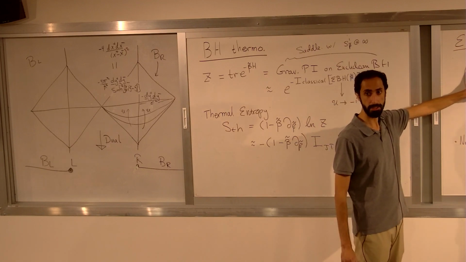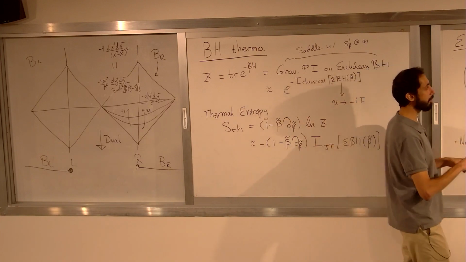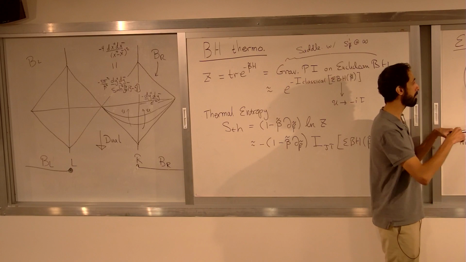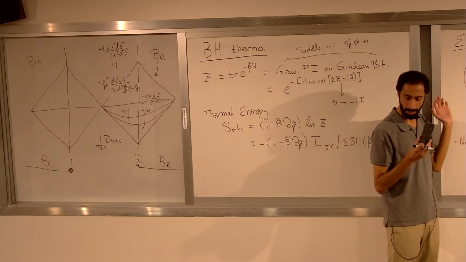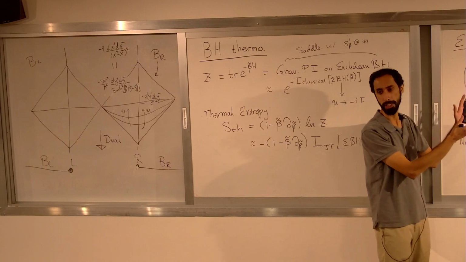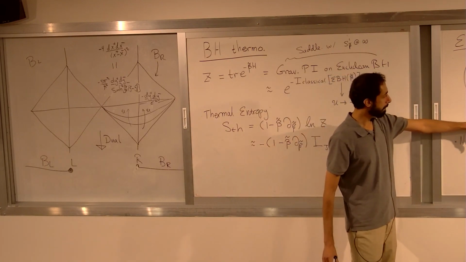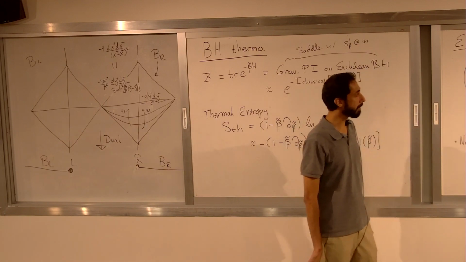Here it's just flattened out as a disk. The cigar goes all the way to infinity. This circle here is at infinity, but it's just because here I did a conformal transformation, brought infinity to a finite place. Tau, this Euclidean time variable, has periodicity beta tilde.